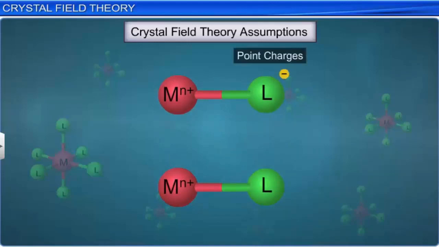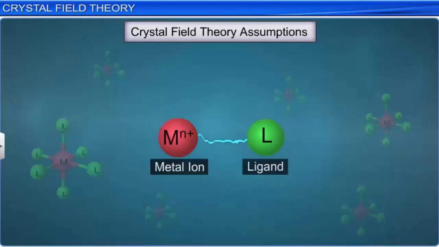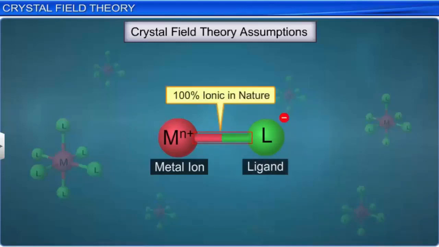Let us study some of the assumptions in the crystal field theory. The first one is that crystal field theory assumes the bond between the metal and ligand is purely ionic. Usually, in an ionic bond, an electrostatic force of attraction exists.